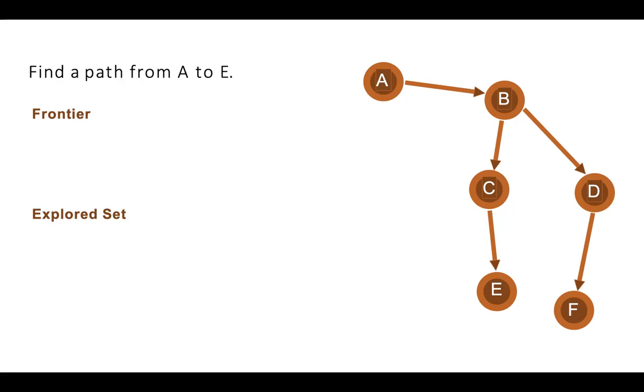In breadth first search, we need to define the convention if we plan to move left to right or right to left, and we have to keep the convention uniform throughout the traversing of the tree. In this tree, if our start is A and our goal node is E, then at the first level of breadth, we only have A. At the second level, we only have B. At the third level, we have C and D, two frontiers.